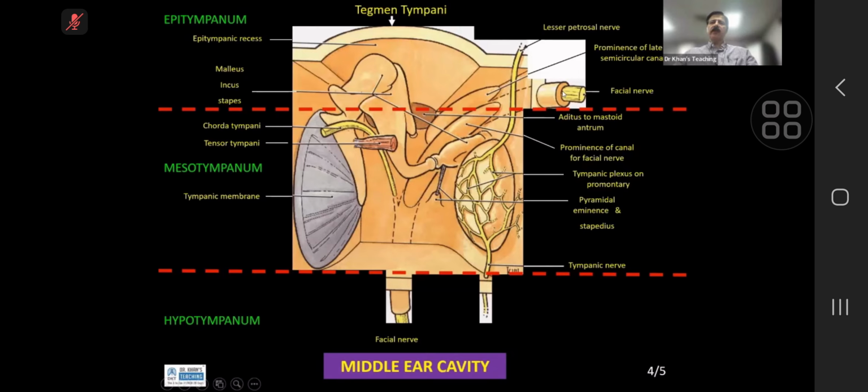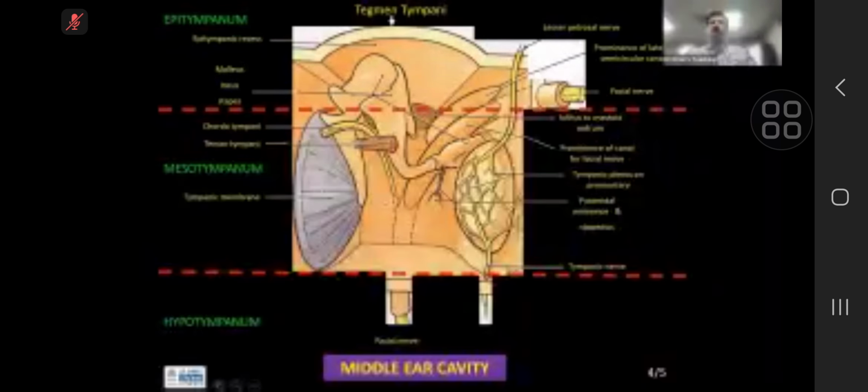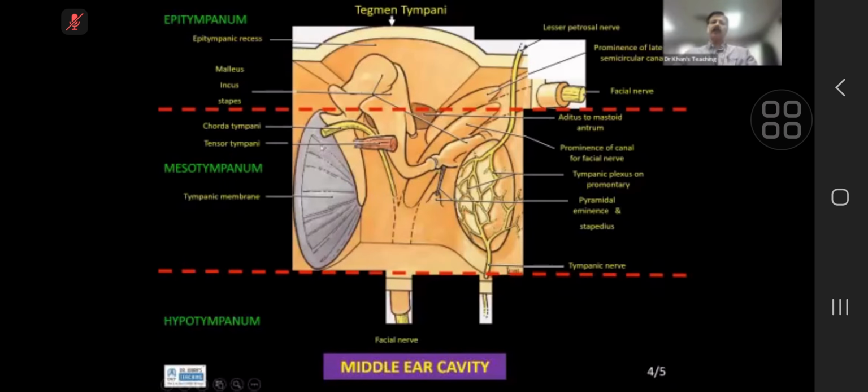Okay, before I go to the facial nerve, one thing which I want you to concentrate on is you divide the middle ear cavity into 3 stories. So this is the attic, and this is the main room, and then is the basement. How do you divide it?